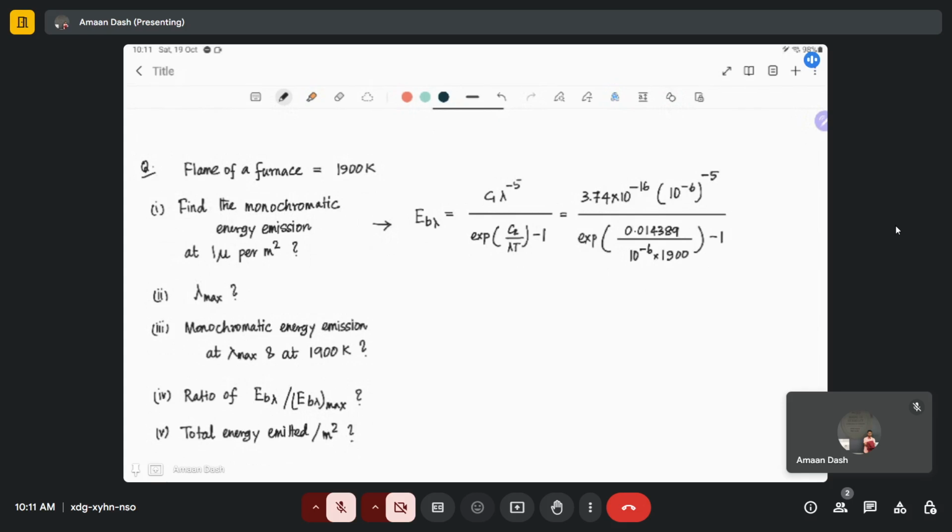If you simplify this, you will get around 1.918, or 92, let's say, times 10 to the power of 11 watt per meter square per meter.